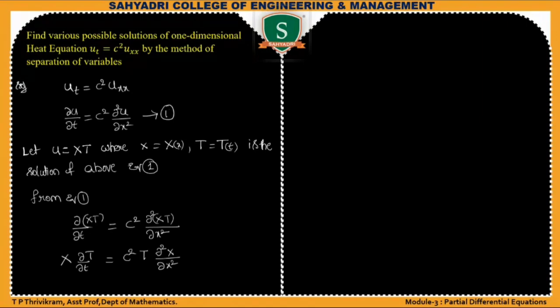Now I will separate the variables: all the t variables on one side, all the other variables on the other side. Here I will bring 1/(c^2 T) to one side, ∂T/∂t, which is equal to, sending X to the right hand side, 1/X ∂^2X/∂x^2.